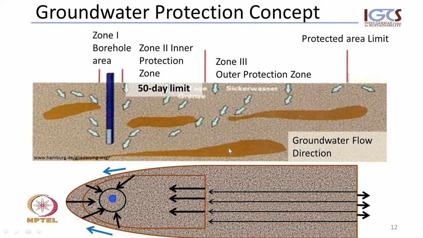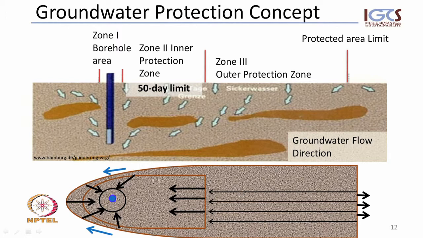Now, if you look at the scheme from the vertical position, we have our borewell here, and this inner abstraction zone will be fairly fixed and predictable. It will be just about 6 to 10 meters around the borewell in a regular shape to protect against immediate return flows.